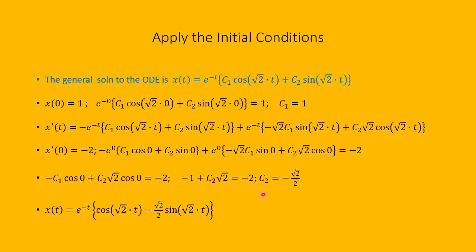Solving for c2, we get minus the square root of 2 over 2. So now we know that c1 is 1 and c2 is minus the square root of 2 over 2. Substitute that into the general formula to get the solution to the initial value problem: x of t is e to the minus t times the quantity cosine of the square root of 2t minus the square root of 2 over 2 sine of the square root of 2 times t.